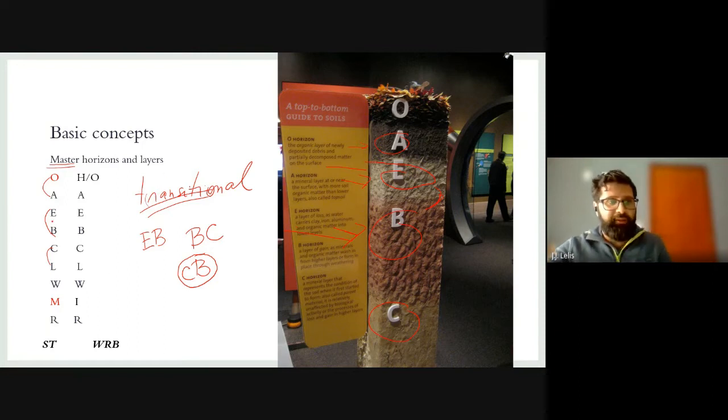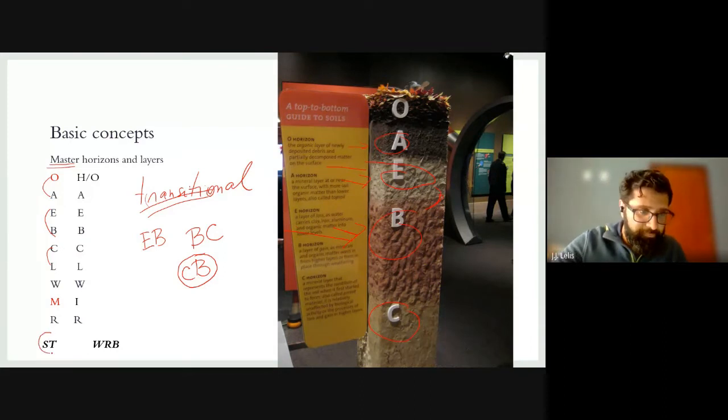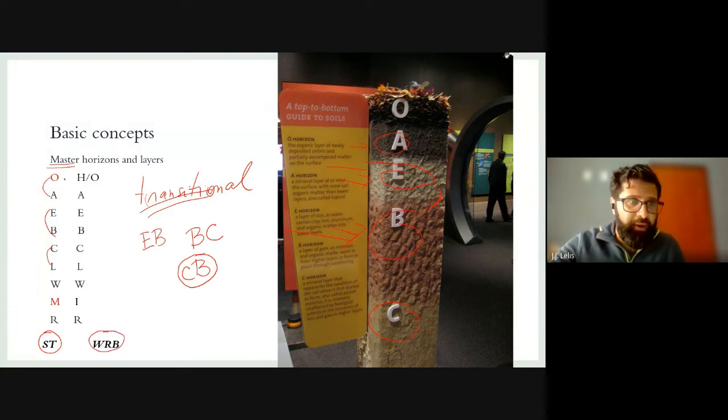First of all, we need to distinguish between Soil Taxonomy and the World Reference Base. The master horizons presented in Soil Taxonomy are O, A, E, B, C, L, W, M, and R. And in WRB, we have other master horizons.